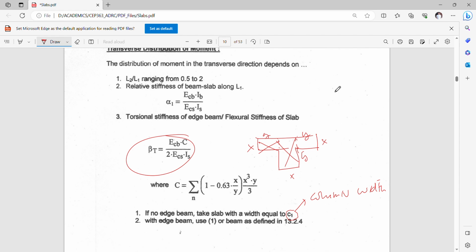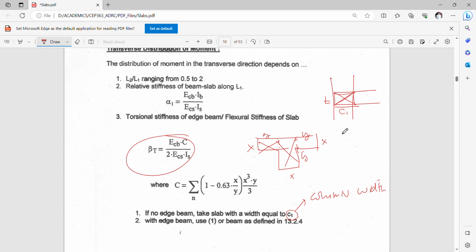So what it means is that if let's say you have here a column and you don't have a beam, the slab is just straight like this. Therefore, this is your torsional member. This is your depth, the thickness of the slab, and the width is C1. Whatever is the column width will be the width of your torsional member here, if there's no beam. Of course, if there's a beam here, then you have to apply the concept of a beam part.